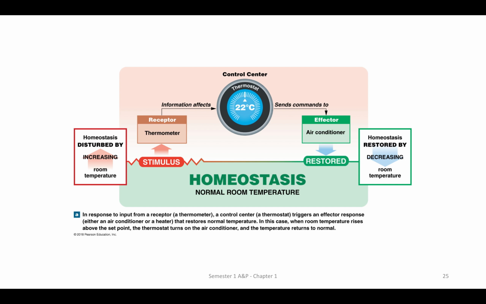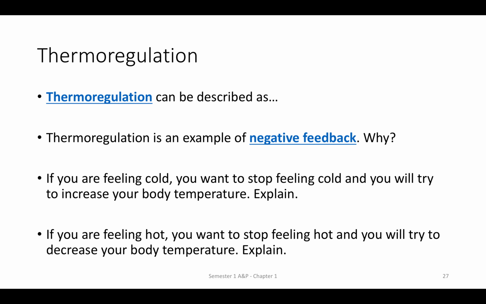These are just pictures going over homeostasis. So thermoregulation is one of the easiest ways to explain homeostatic regulation. Thermoregulation is just how our body maintains its temperature. Like I said, the set point is 98.6 degrees Fahrenheit. An example is, let's say the stimulus is you walk outside and you feel a cold breeze.